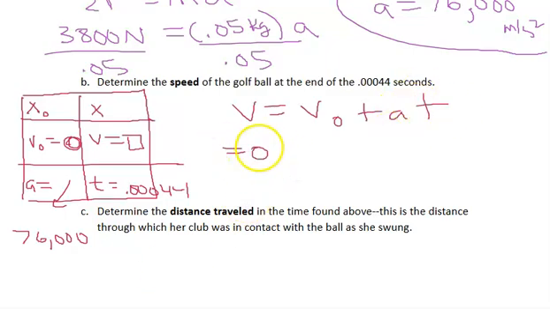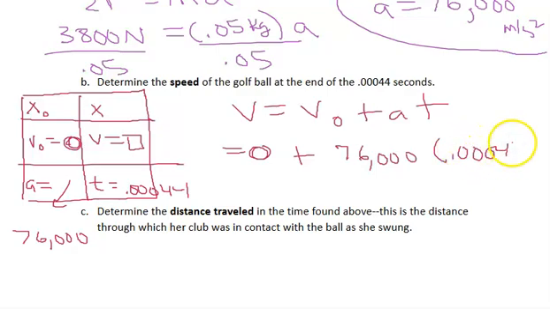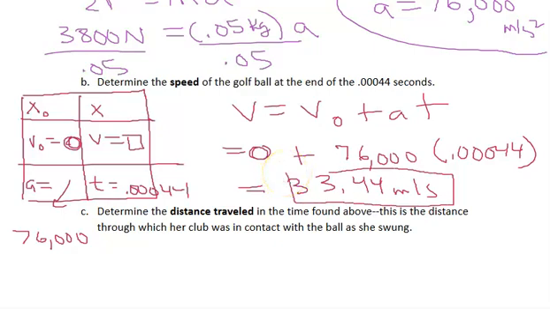Started from rest, chilling at the tee, equals 76,000 times a teeny minuscule amount of time, equals 33.44 meters per second. So that's about 75 miles an hour. So the result seems reasonable. Those numbers are a little bit goofy.